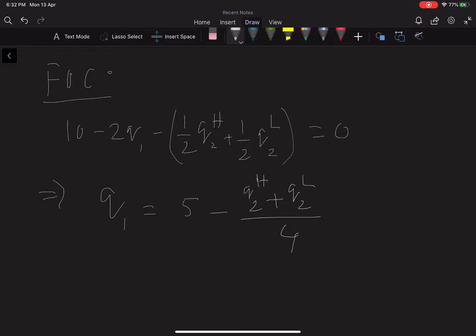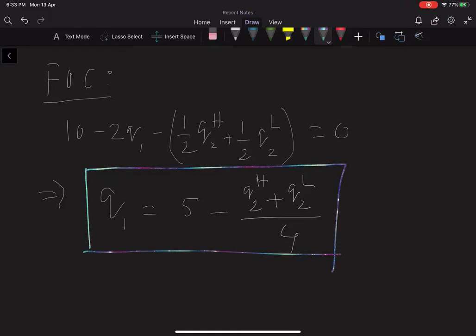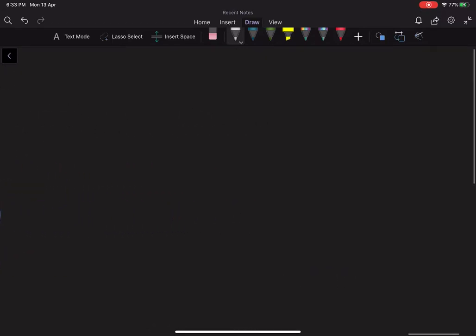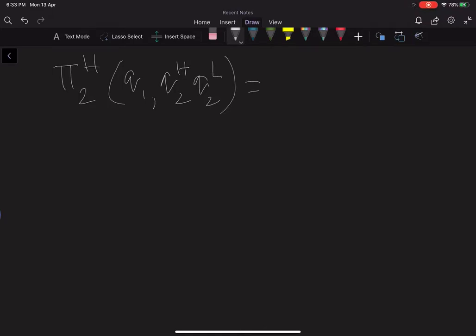Now firm 2 type H would also like to best respond. So this is the best response of firm 1, let's call it equation 1. What is the payoff of firm 2 of type H given the same strategy Q1 and Q2H, Q2L? This is basically the payoff on the top node of firm 2.